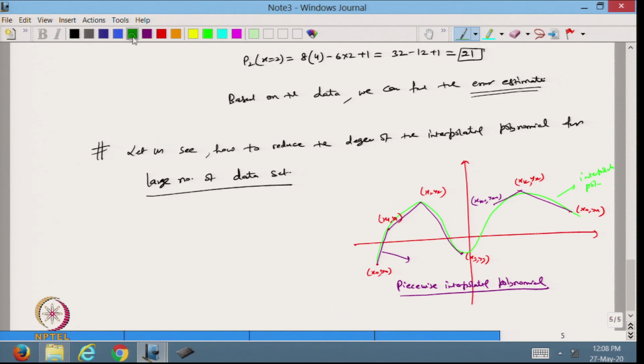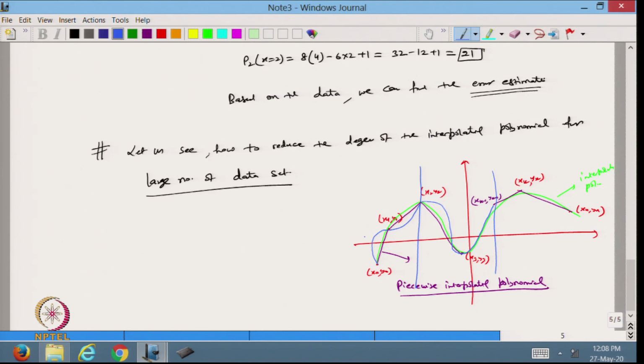Now, instead of taking 1 point, suppose I split the data into 3 points, 3 points this 1, 2, 3, another 3 points are this, like this one. Now I approximate these 3 points with a quadratic function and so on.